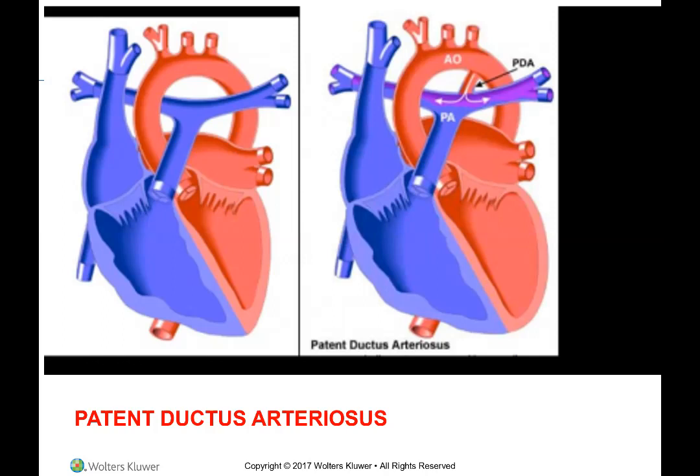So here we have a patent ductus arteriosus. So what are we seeing there? On the left hand, this is what we should be seeing on a newborn, not exactly right at birth. Well, let's start at the other side. That would be easier. It says patent ductus arteriosus. You can see where that arrow is pointing.